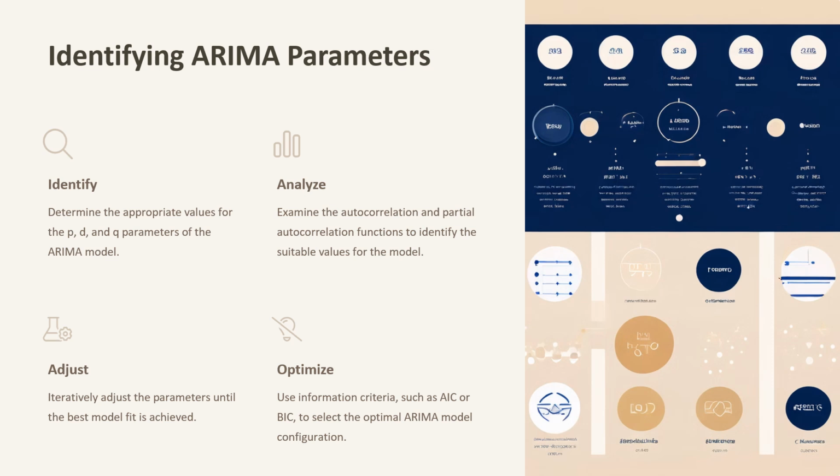Number three, adjust. Iteratively adjust the parameters until the best model fit is achieved. Last one, optimize. Use information criteria such as AIC or BIC to select the optimal ARIMA model configuration.